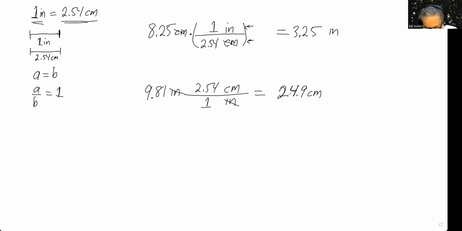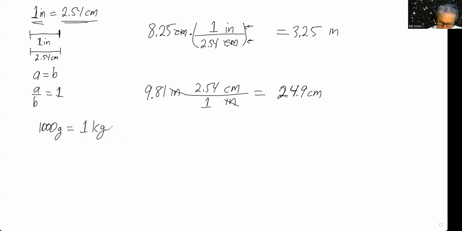Okay, so that's the whole basis of this. The idea is that we're taking a number that has units or dimensions. Let's say we're converting grams into kilograms. We know that 1,000 grams is equal to 1 kilogram.